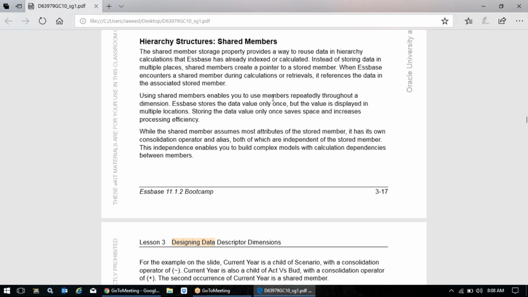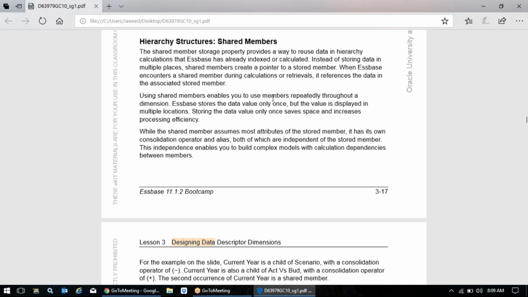You can't even share members at different levels. So there are a few conditions when you cannot share the values between two different dimensions, and sometimes the levels as well.